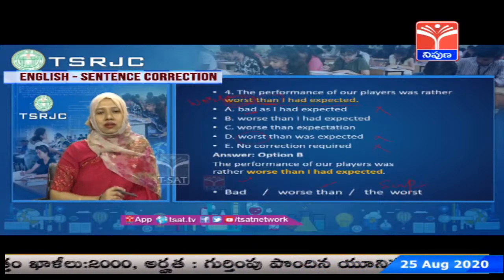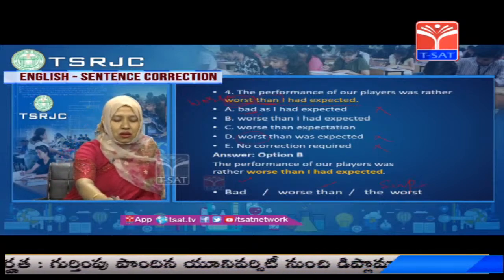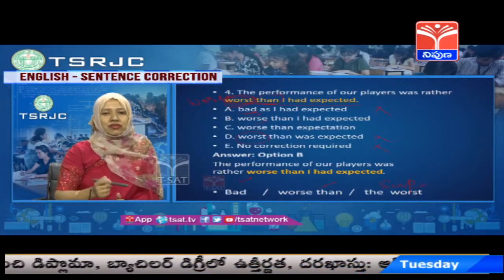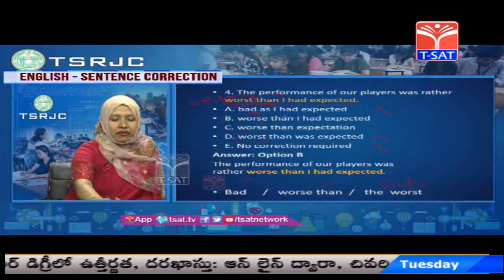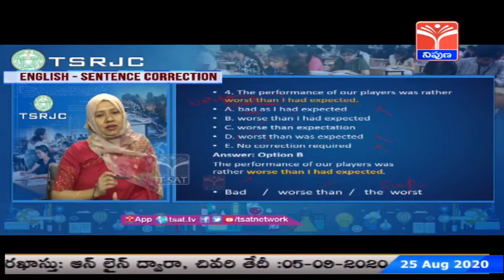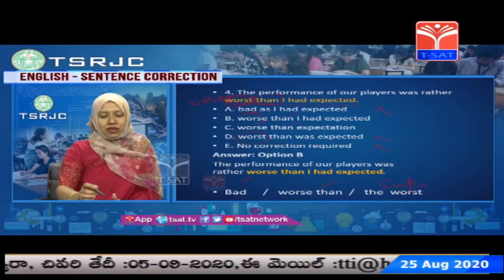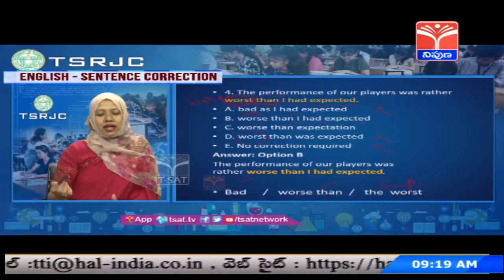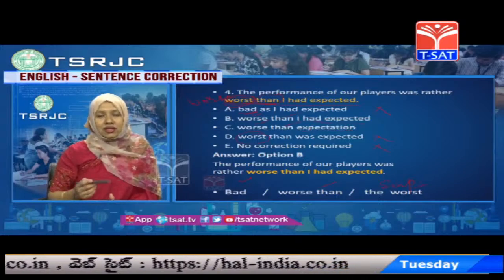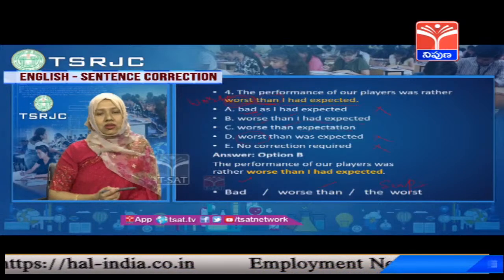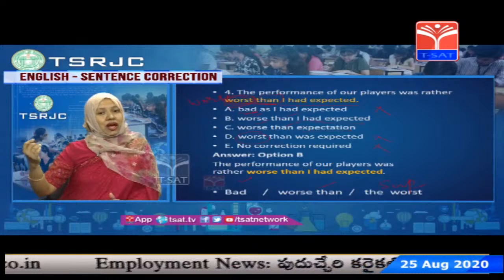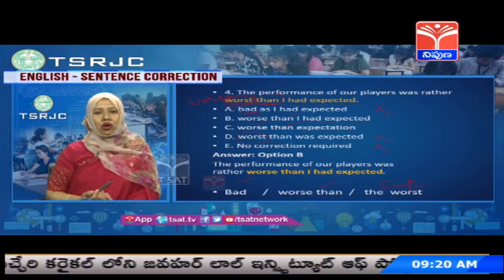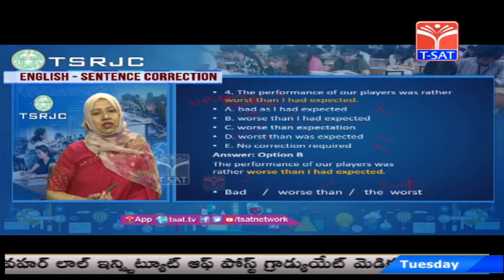Now, let us see we use this degree of comparison, worse. In both the sentences, worse is there. Comparative degree is always followed by than. Now, which is to be selected? Option B or option C? Worse than expectation or worse than I had expected. So, the performance of our players was rather worse than I had expected, not worse than expectation.